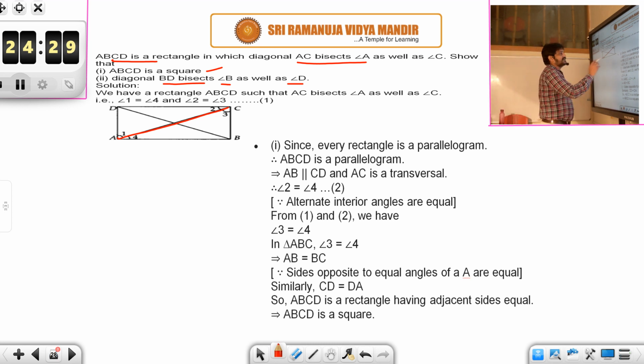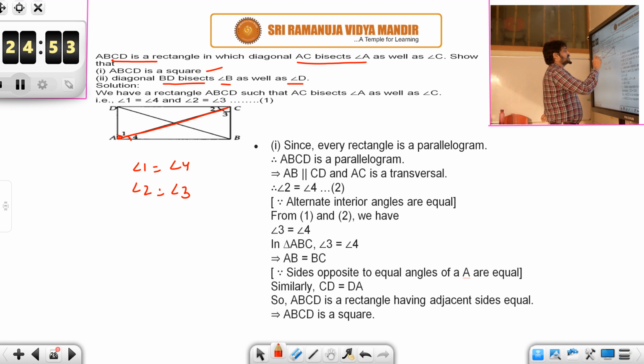So first of all, you are given a rectangle ABCD such that AC bisects angle A as well as angle C. That is, angle 1 is equal to angle 4 and angle 2 is equal to angle 3. Okay. And also you know that every rectangle is a parallelogram.